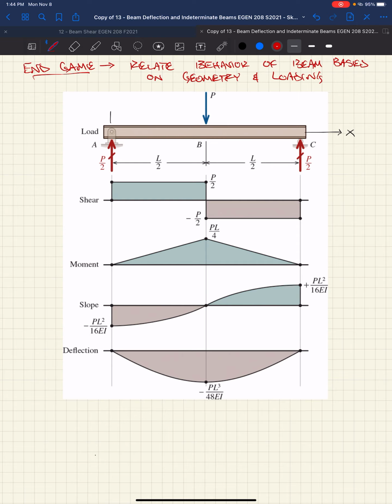So if we look at our point load at midspan of a simply supported beam, okay, we have P acting at midspan. We'd have P over 2 over reactions. We draw a free body diagram. We figure out our reactions based on the span length, right, and our applied loads. Based on that, we could then develop our shear diagram. Then we could figure out our moment diagram.